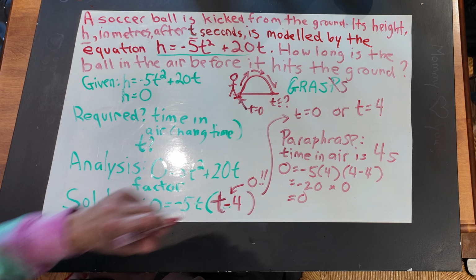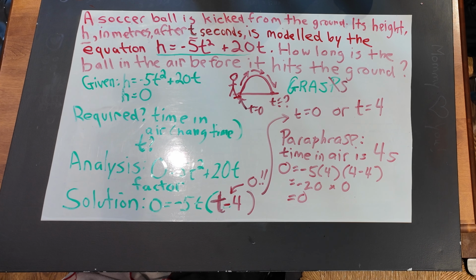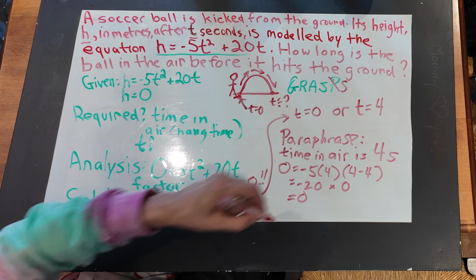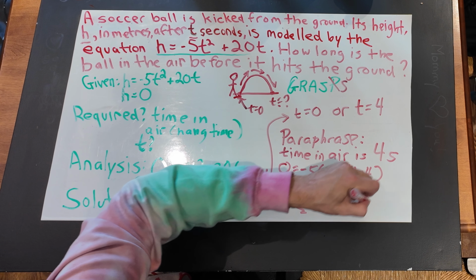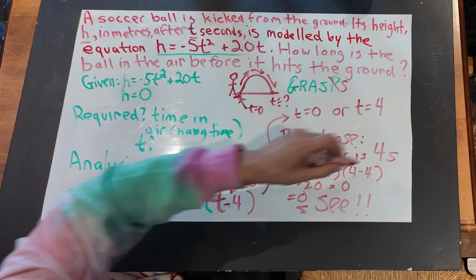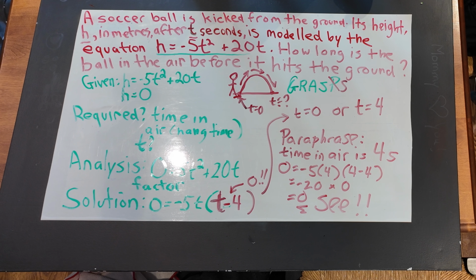And anything times 0 is 0. Nothing of anything is nothing. And so, see? I told you so. The answer is 4 seconds. And what can I say, children? Problem solved.